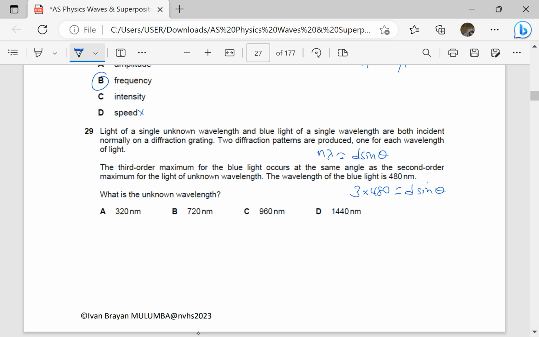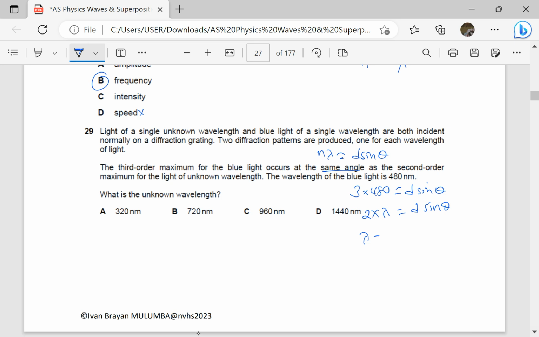The third order maximum for blue light occurs at the same angle, so sine theta is going to remain the same angle as the second order. So for the unknown light, n is 2. Its wavelength is not known, d is the same, and sine theta is the same. So we want lambda. I'm just going to combine these two equations.